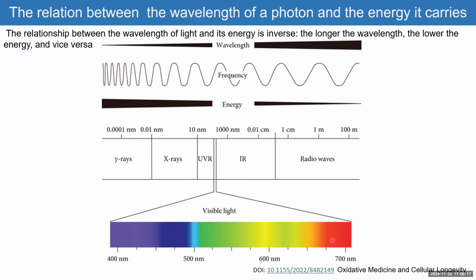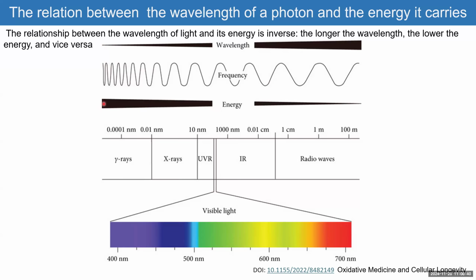In terms of energy, the lower the wavelength of a photon, the higher the energy. So the wavelength is inversely proportional to the energy.